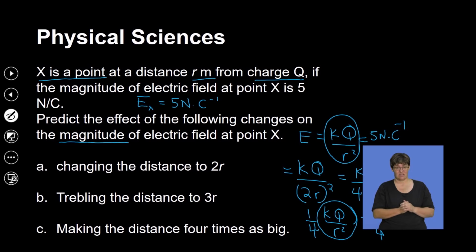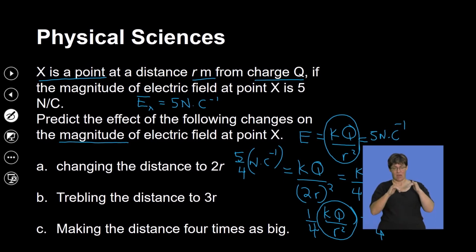So if you change the distance, the new value would be 5 over 4, which is 1.25, a quarter of the original. So neither does the force increase nor remain the same if we double the distance. It will actually decrease, in proportion with the mathematical relationship that we already know.